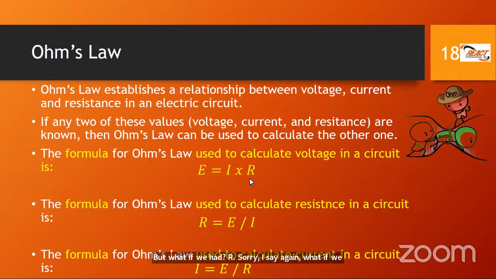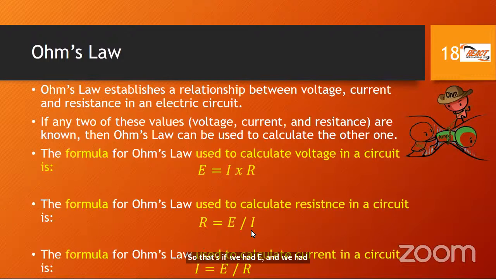Well, through what we call algebraic manipulation, and we'll come with a little aid to memory just now, how to remember this formula easier, if we do a bit of algebra and move the terms around, we'll get R is equal to E divided by I. So that's if we had E and we had I and we wanted to find out R.